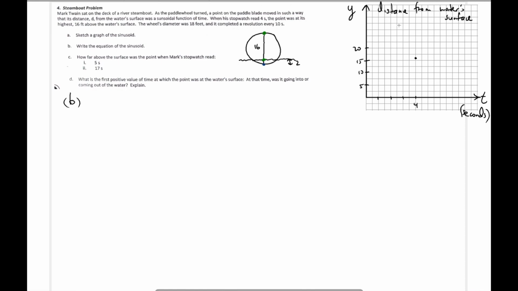All right, so if we're talking about 4 seconds being the maximum, then 5 seconds from the maximum, we should count 9 seconds as being where the smallest point is, right?